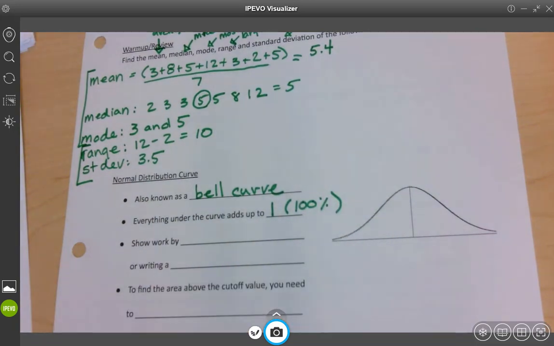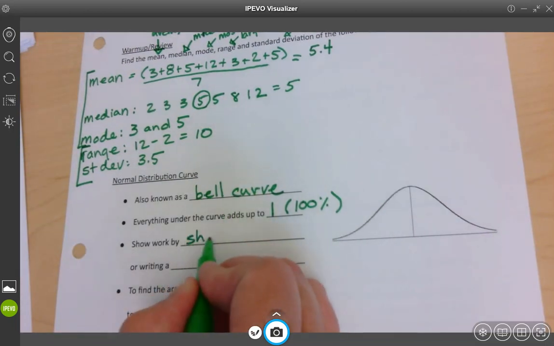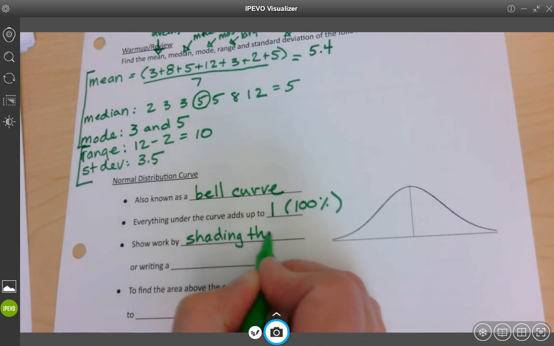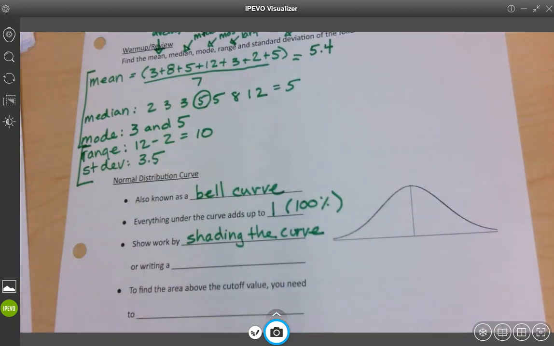Okay, so the area under the curve is 100%, and as a decimal, 100% is 1. When you're trying to find a probability, you can show your understanding by shading the curve. Or writing a probability statement.